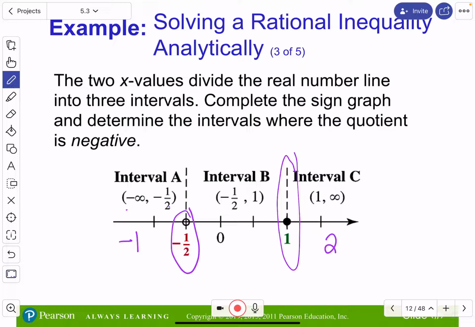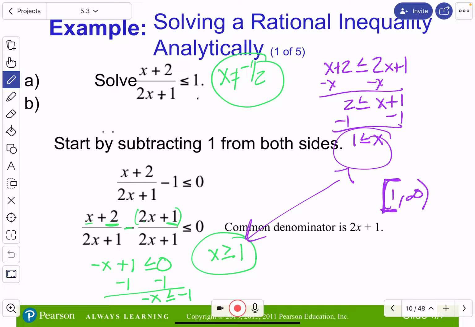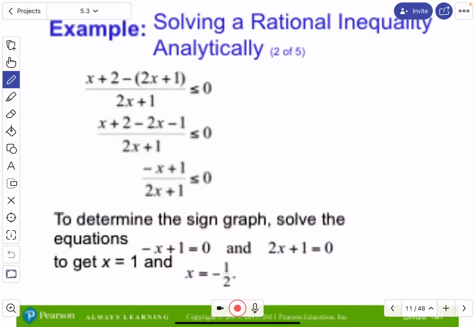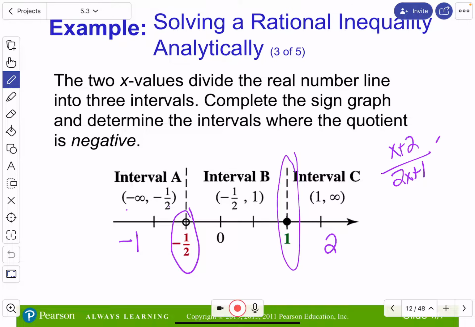So if you plug those into our original equation, we're going to go back here. Remember, with inequalities, you always want to check your intervals just to see if that's the only piece or if there's more. So x plus 2 over 2x plus 1, and it was less than or equal to 1. I'm going to plug -1 in.